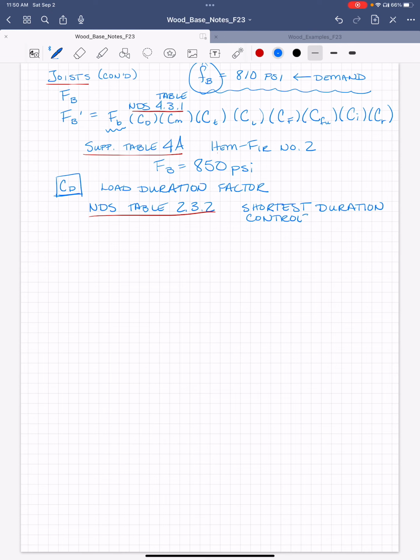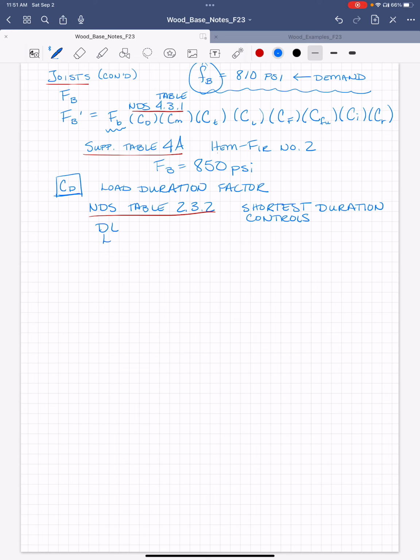If you go into that table, you'll see load duration: permanent, 10 years, 2 months, 7 days, etc., 10 minutes. A typical permanent load, of course, is a dead load. Snow load they're talking about as a 2-month load. So of the loads, we've got a dead load that's permanent, and we've got the occupational live load, which in this particular table is around 10 years.